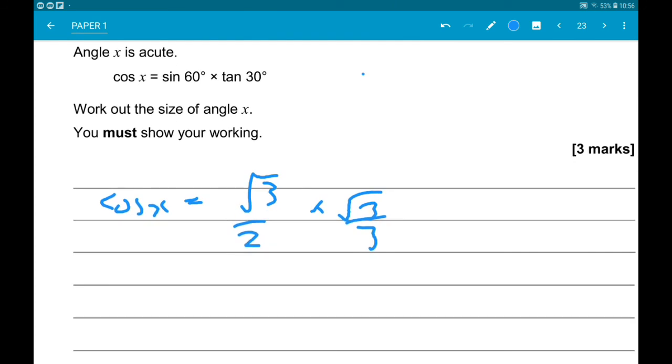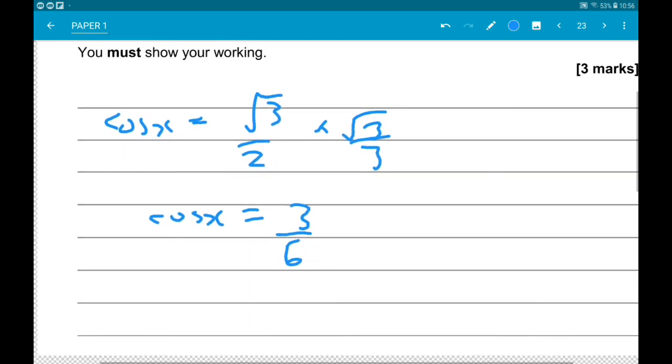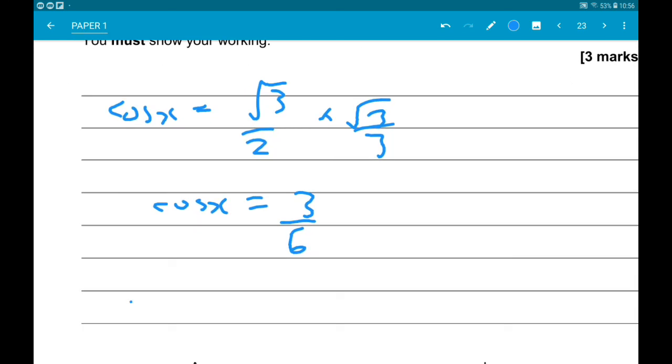Now, root 3 times root 3 is 3. 2 times 3 is 6. So, cos x is a half. Now, the value of x, which makes cos a half, is 60. So, x is 60 degrees.